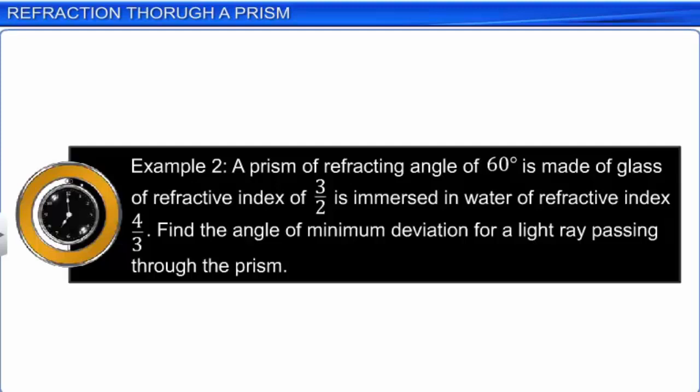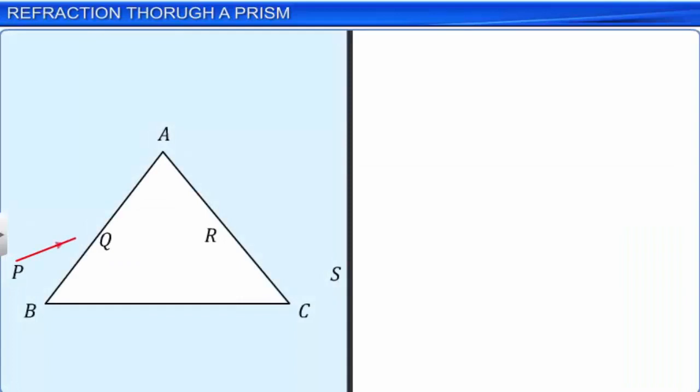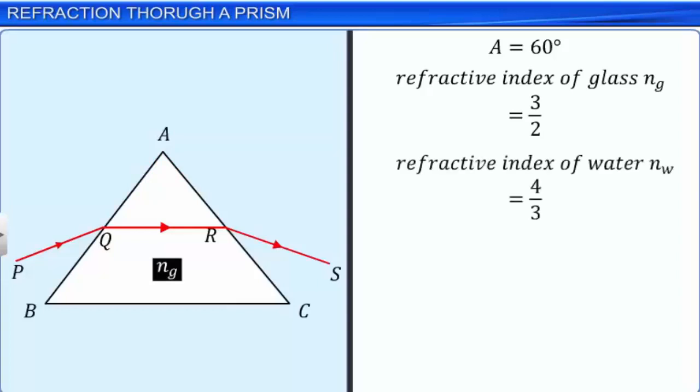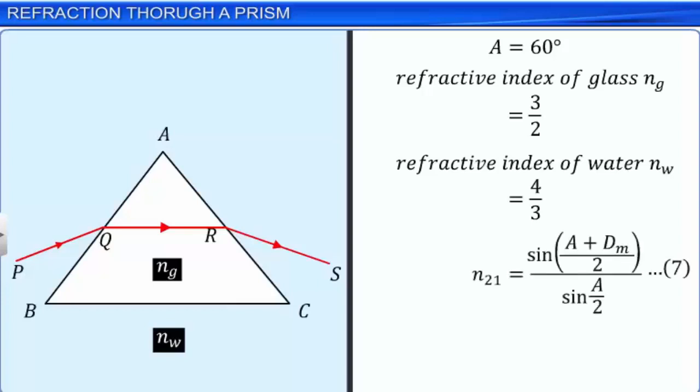On substituting the respective values, we get (3/2)/(4/3) is equal to sin((60 + Dm)/2) by sin(60/2). On simplification, we get Dm is equal to 8.46 degrees.